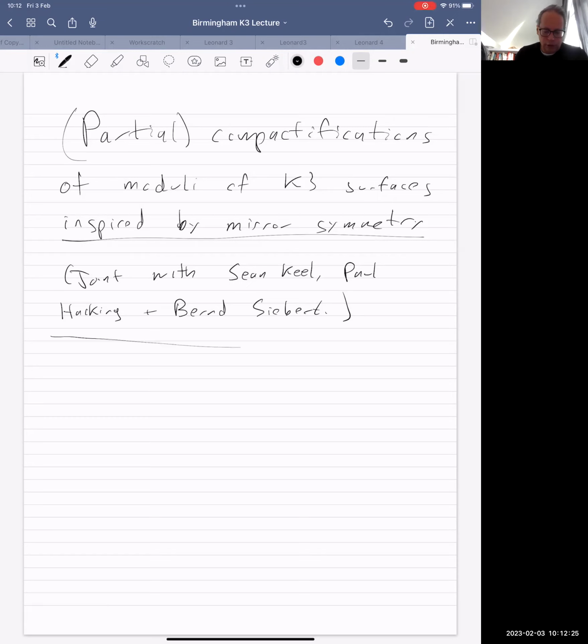So the story starts by going back to 1993 with a paper of Dave Morrison. This was a paper called Compactifications of Moduli Spaces Inspired by Mirror Symmetry.